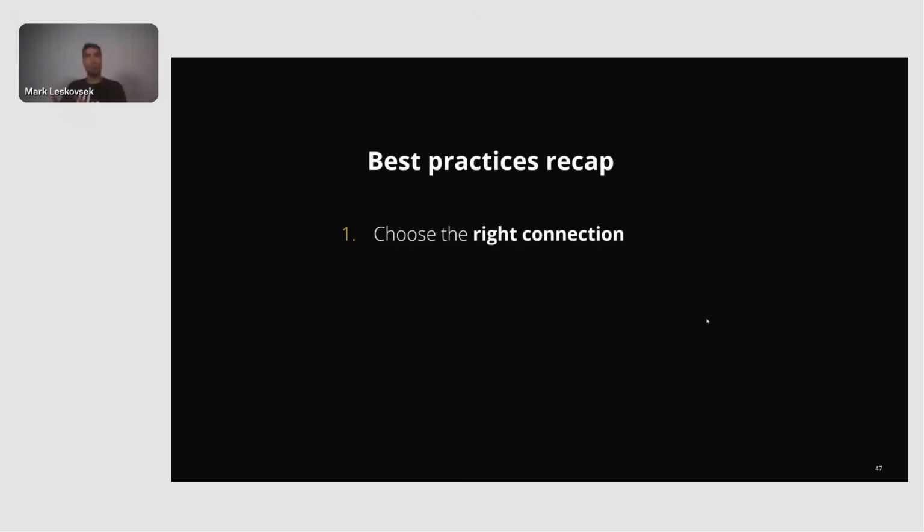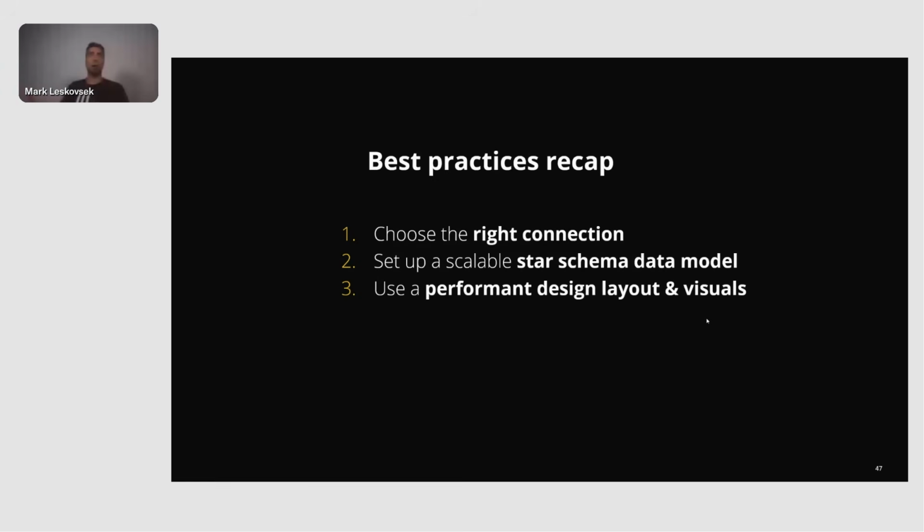Okay, and finally, let's recap with everything that was shown today. First of all, to handle performance, we have to choose the right connection. Then we need to set up a scalable star schema data model, use a performant design layout and visuals that help you get the most out of the visualization layer without unnecessary waiting for all the objects to be rendered.